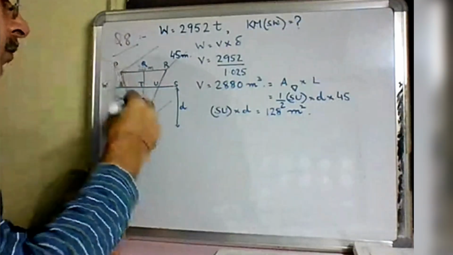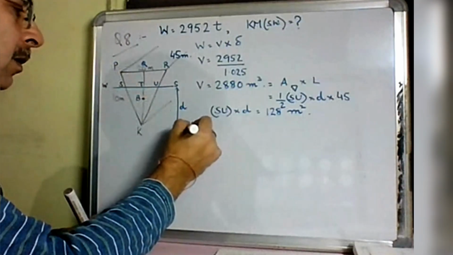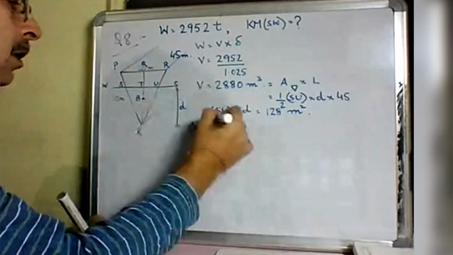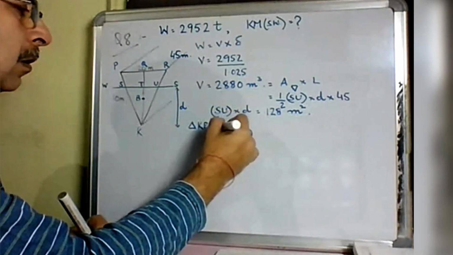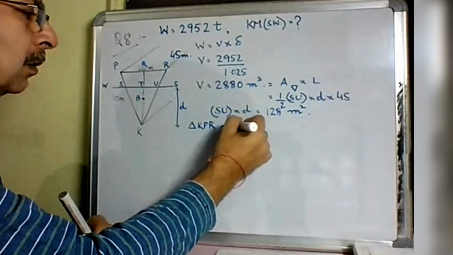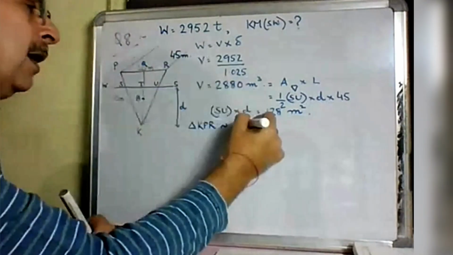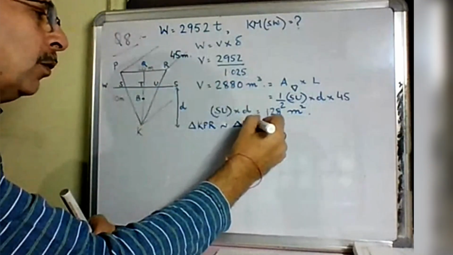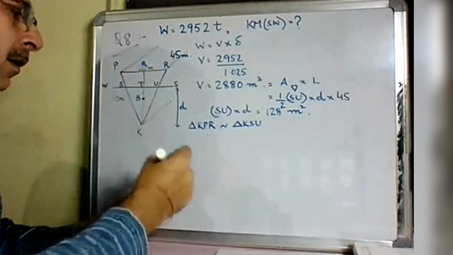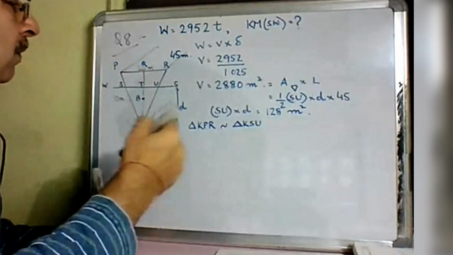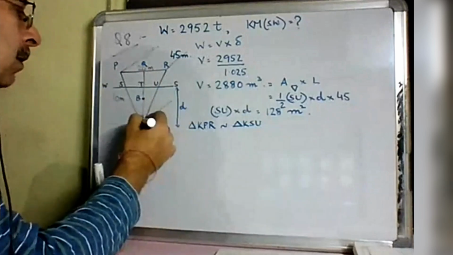Okay. Now, triangle KPR is similar to triangle KSU. Both are similar triangles, a bigger triangle and a smaller triangle. Therefore, the ratio of their sides will be equal.